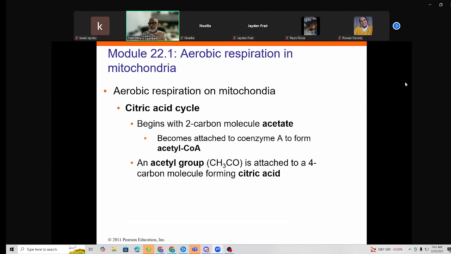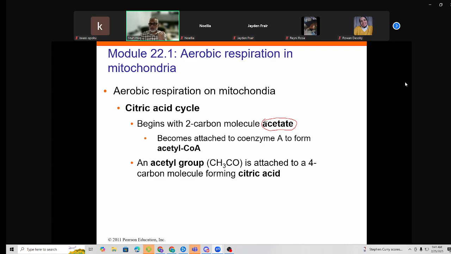And when it enters the mitochondria, it turns into acetate. And then it binds with another compound called coenzyme A.